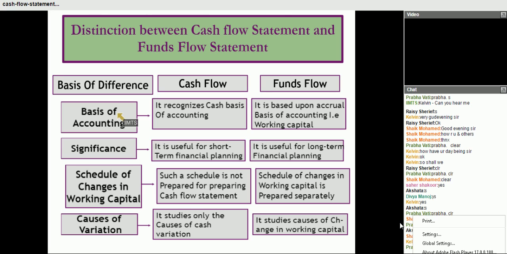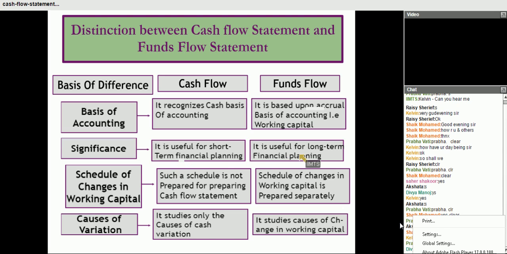So we can see the difference between cash flow and fund flow. In terms of basis of accounting, the cash flow recognizes the cash basis of accounting, and fund flow is based upon the accrual basis of accounting, that is the working capital. In terms of significance, cash flow is useful for short-term financial planning, and funds flow is useful for long-term financial planning.